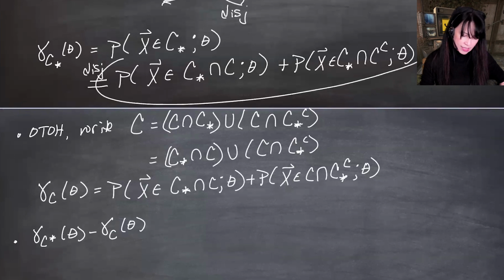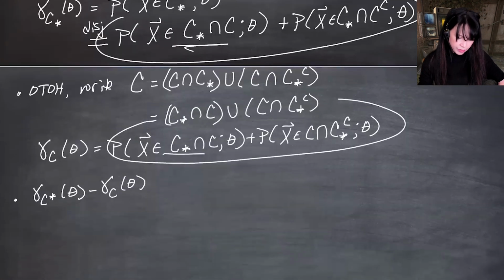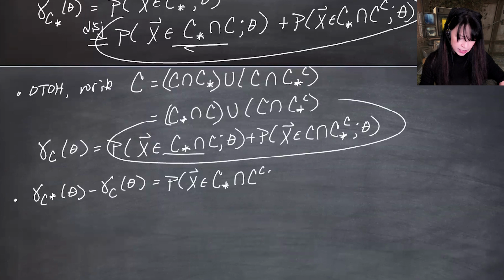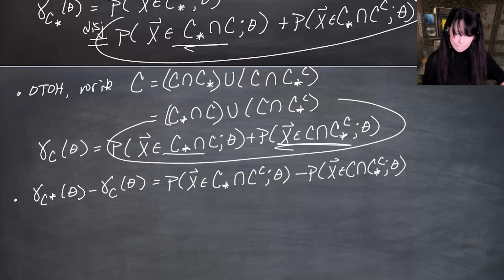So I've got this line minus this line, and the first terms are just going to cancel. And I'm left with the probability that the vector X is in C star intersects C complement when the parameter is theta, minus the probability that the data is in C intersects C star complement when the parameter is theta.